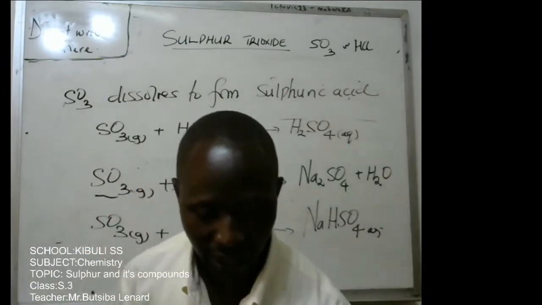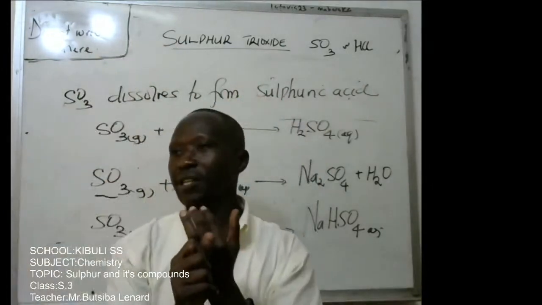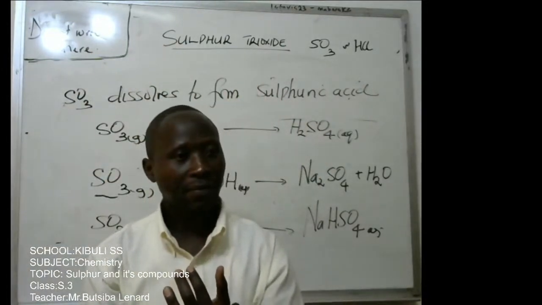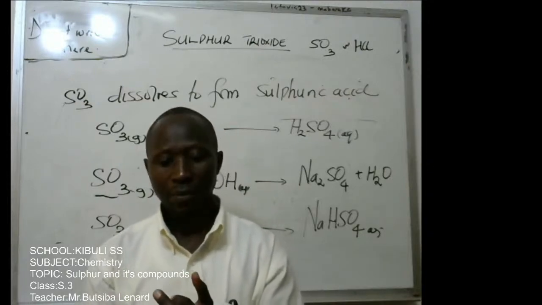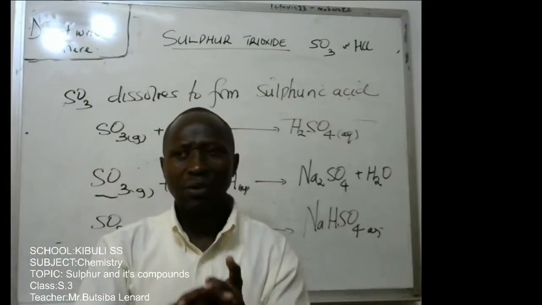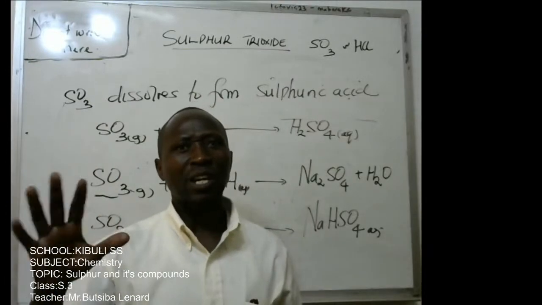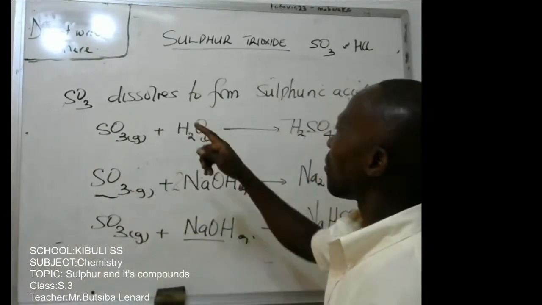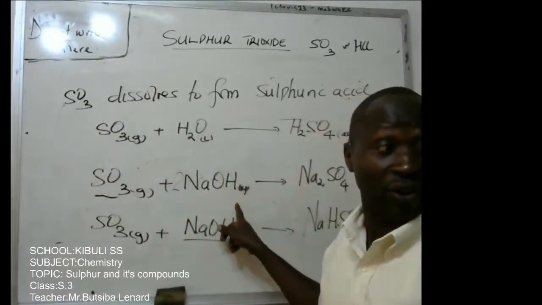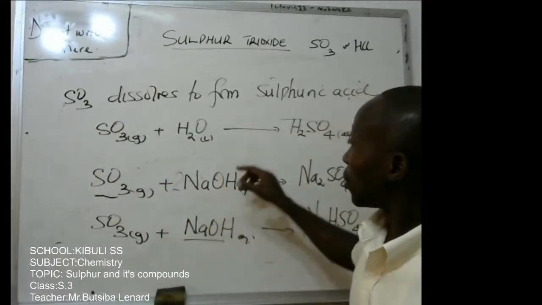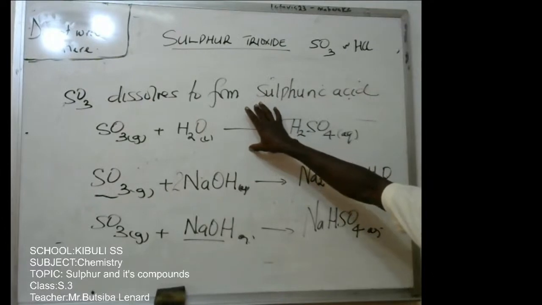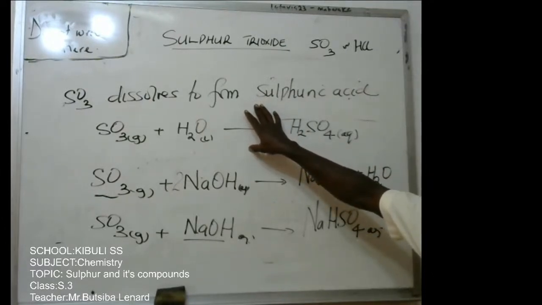Having said that, I want to say conclusively that I want you to know how to prepare sulfur dioxide, explain, and draw a diagram. You must know chemical properties of sulfur trioxide, at least 4 important ones I've given. You must know how to convert sulfur dioxide to sulfur trioxide using appropriate conditions of a catalyst, which you must know, temperature you must know, pressure you must know.